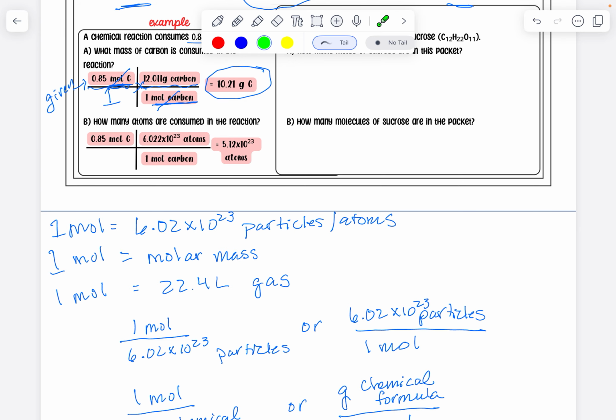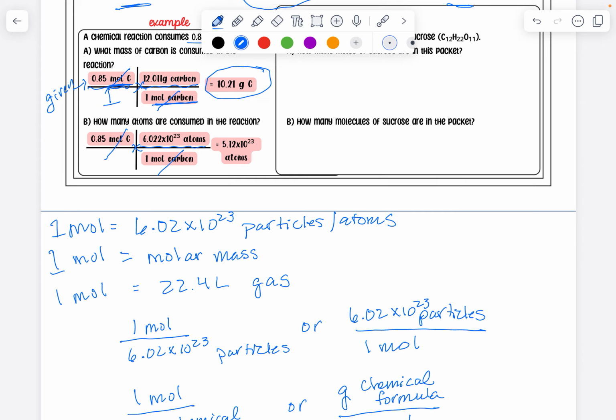So I start with what I'm given, which is 0.85, and I put 6.02 times 10 to the 23 atoms over 1 mole. My moles cancel out. I'm left with atoms, and then I multiply it. 0.85 times anything on top, 6.02 times 10 to the 23 atoms divided by 1 on the bottom, gives me 5.12 times 10 to the 23 atoms.